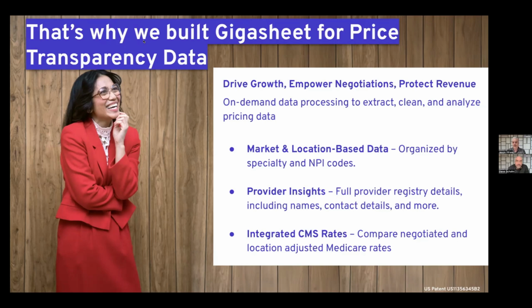It can be organized by taxonomy, and NPI codes are added. We'll show you exactly what's included with that. There are a lot of insights about those specific providers. We have people using it for everything from marketing and recruiting providers to just understanding market trends.